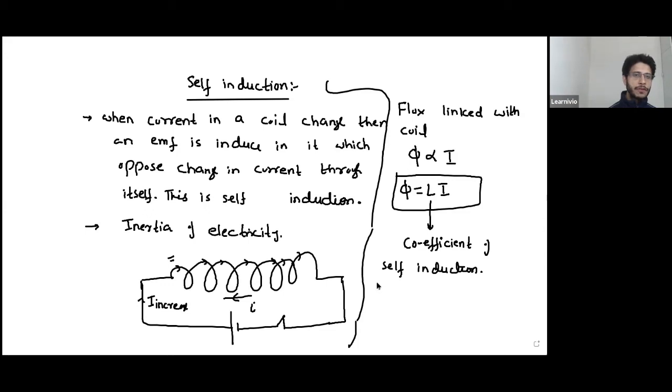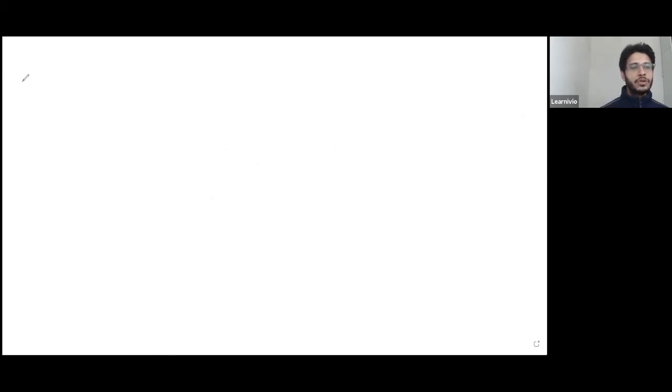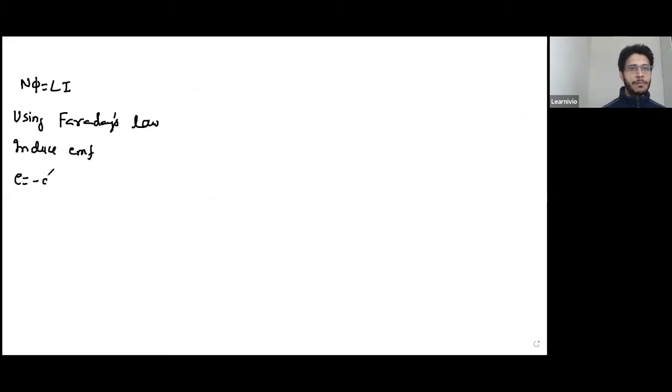So if your system has n turns, you can write n phi is equal to Li. So using Faraday's law, the induced EMF E is minus d over dt of n phi.